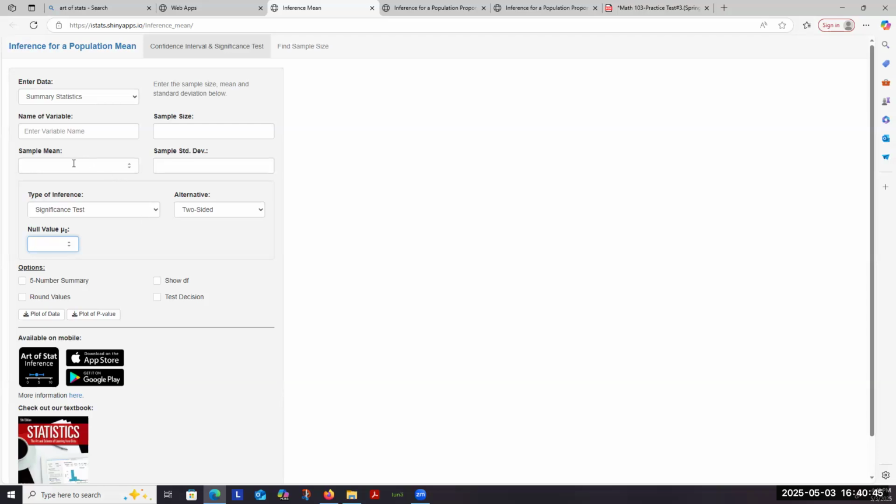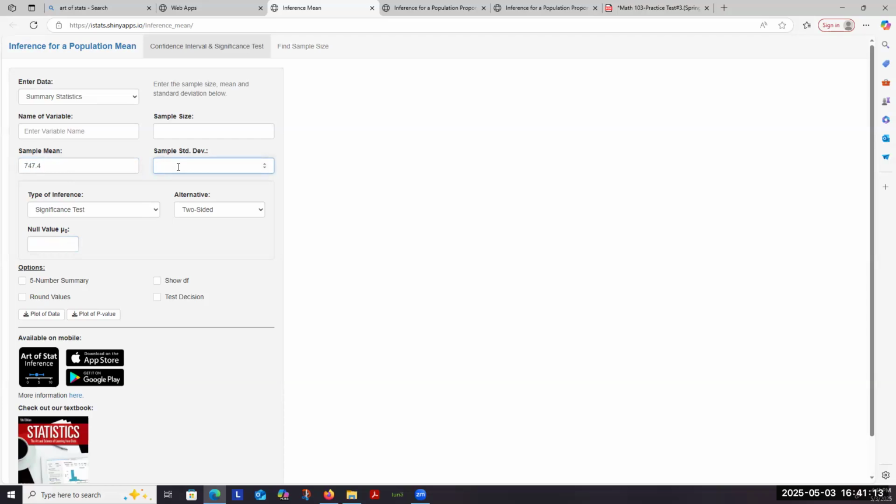Now put the information that you have. Information that we need is sample mean. Sample mean is given to you. It's 747.4. That is the sample mean. Sample standard deviation, okay? If you want to put the population, you have to use your cell phone, but it's all right.